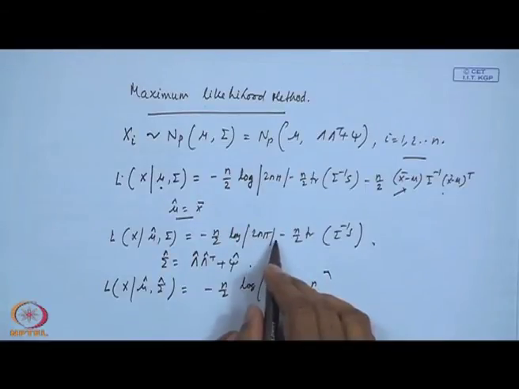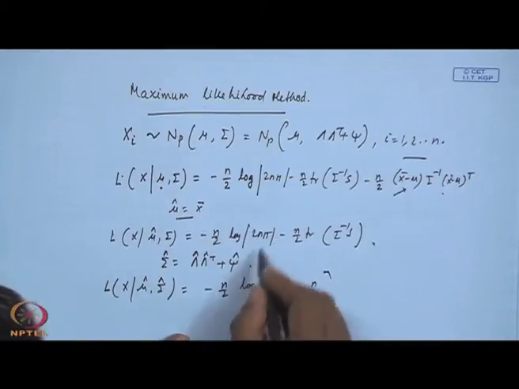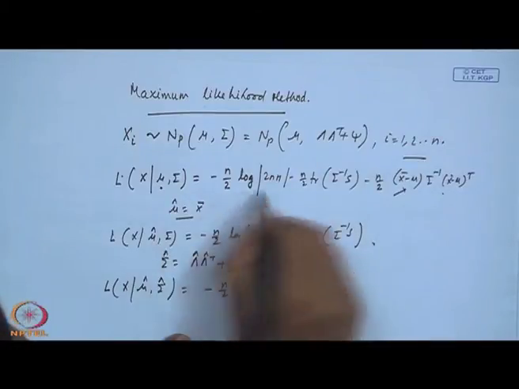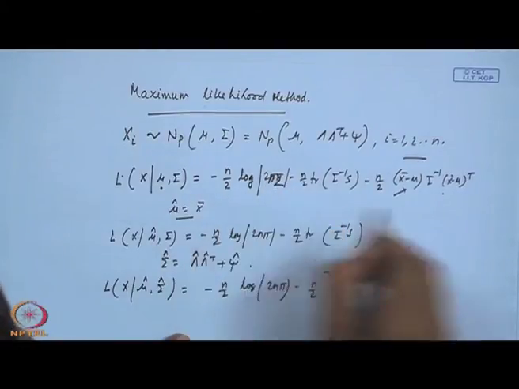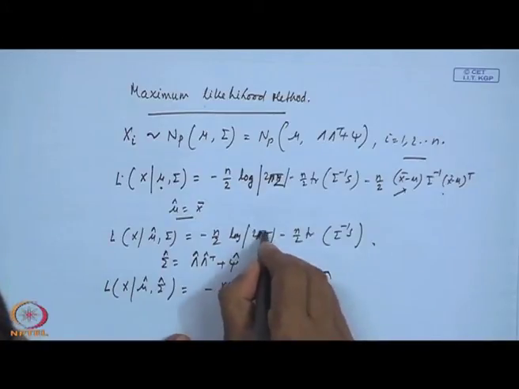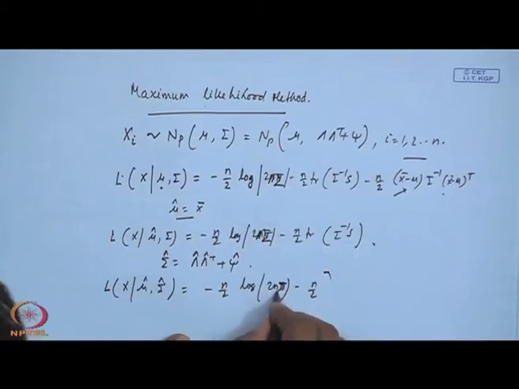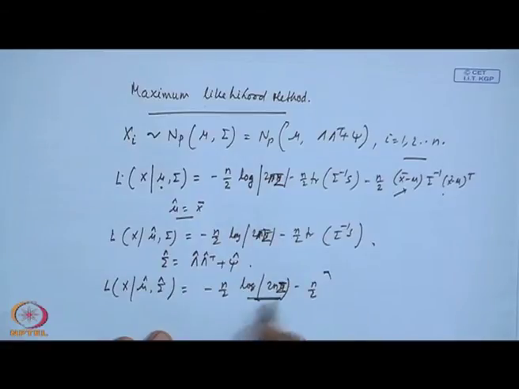So, 2 pi we have written here, log 2 pi sigma, I have written wrongly here, that is log 2 pi sigma, this one you change.